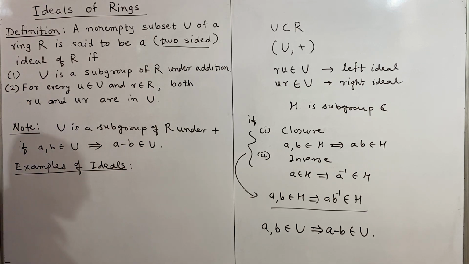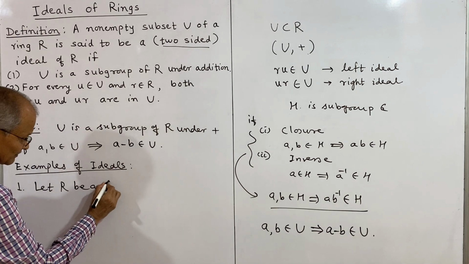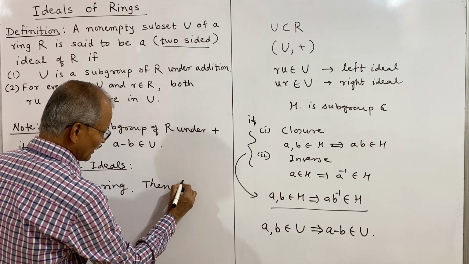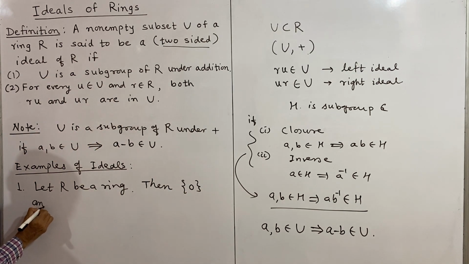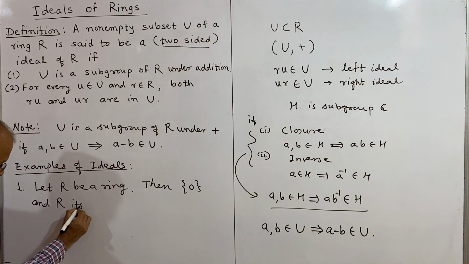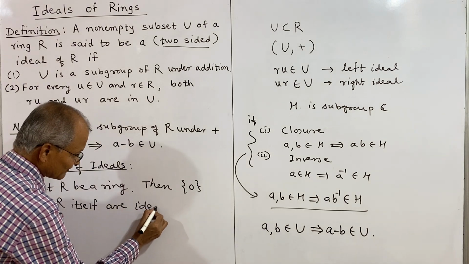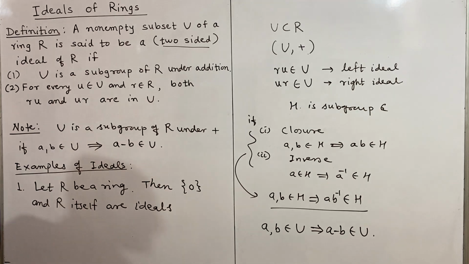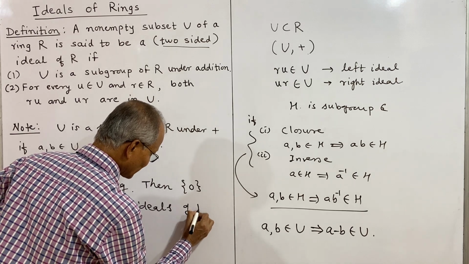The trivial example we shall consider first: let R be a ring, then the singleton 0 and R itself are ideals of R, and these will be trivial ideals. We shall see these are ideals of R.